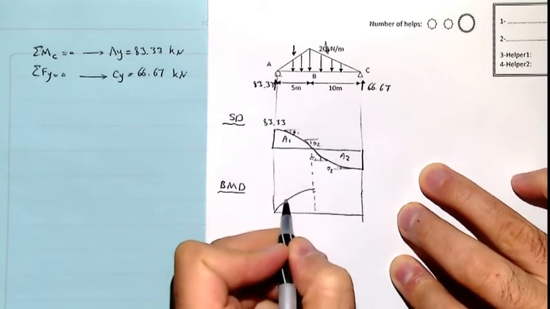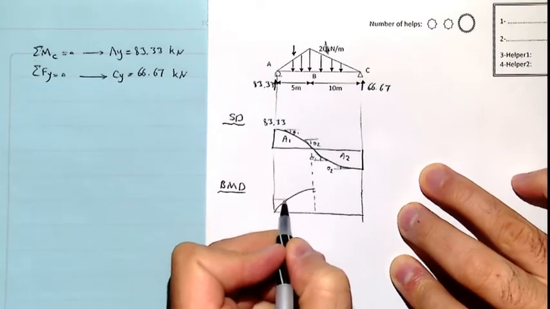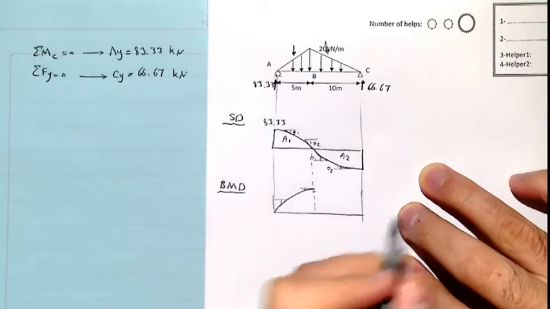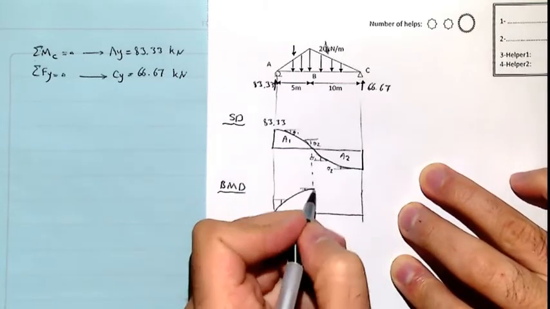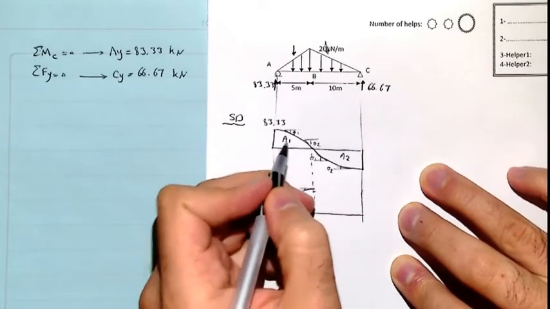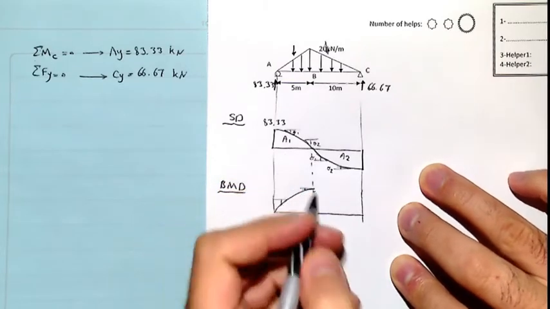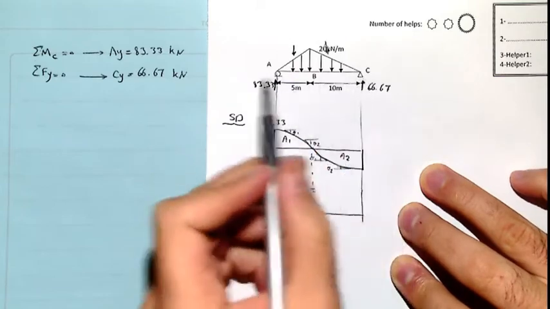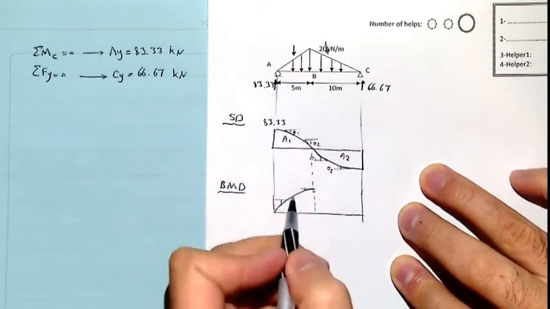As you see, it's much more than this angle, so it's decreasing, and it's the maximum point. We calculate the area for this one, and we have no concentrated moment at point A, so it's just the area.